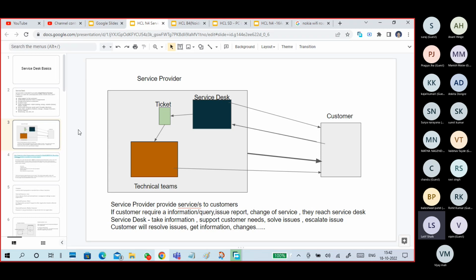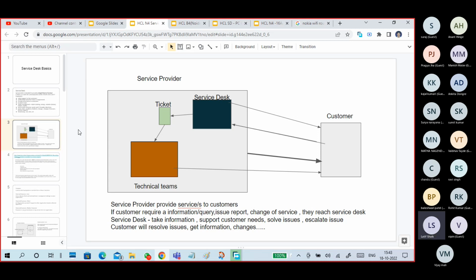So the service desk creates a ticket. In the ticket, it mentions who the customer is, what kind of requirement he wanted. Is it an incident, an issue, some problem he is facing? Or he wanted some change of services, or is asking for some access permissions.